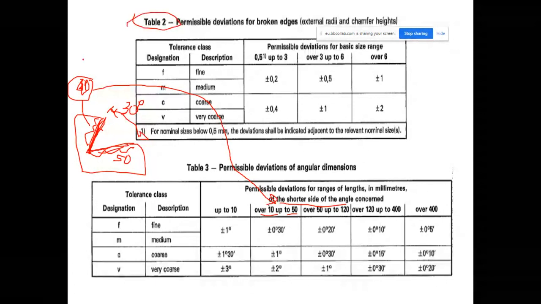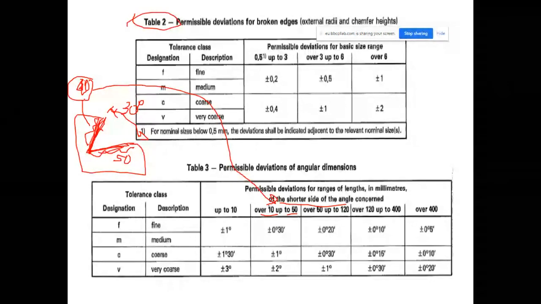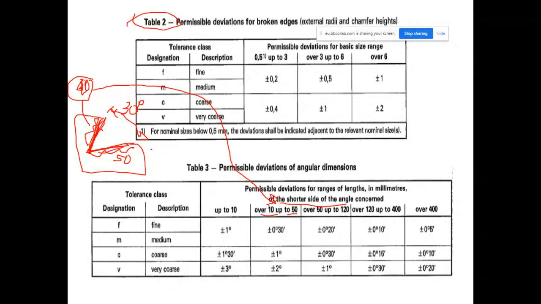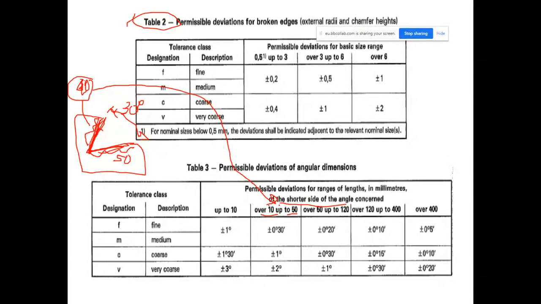40 is the size, it is in this range, but the boundaries of the range are just length, not angle. Since 40 as the length of the surface is less than the size of the other surface, the standard says to take that number as the nominal size and then locate it in the correct range.